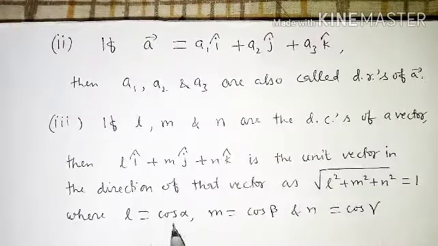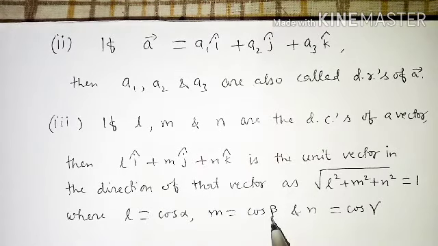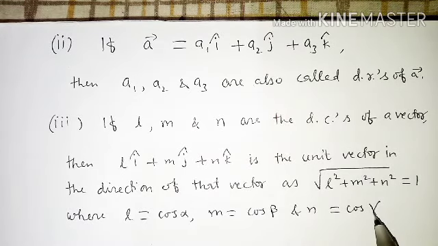Alpha is the angle made by the position vector OP with the positive x-axis, beta is the angle made by the position vector OP with the y-axis, and gamma is the angle made by OP with the positive direction of the z-axis.